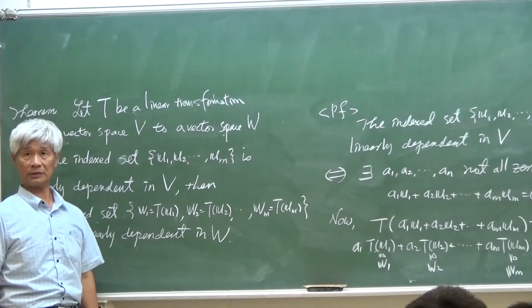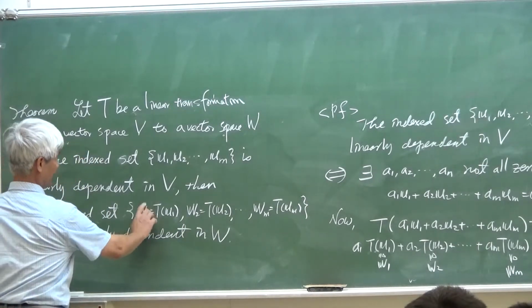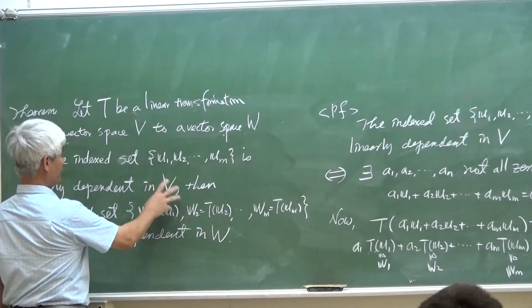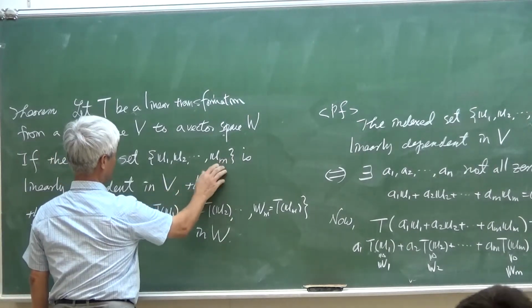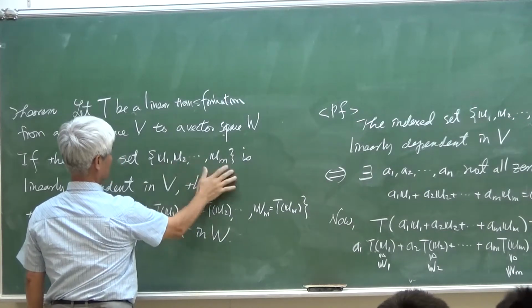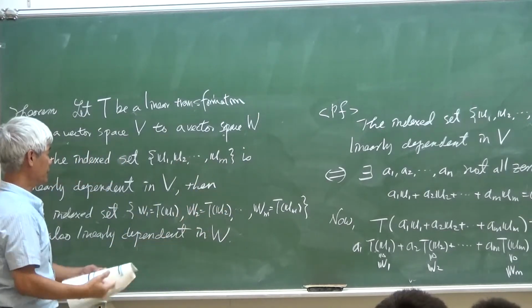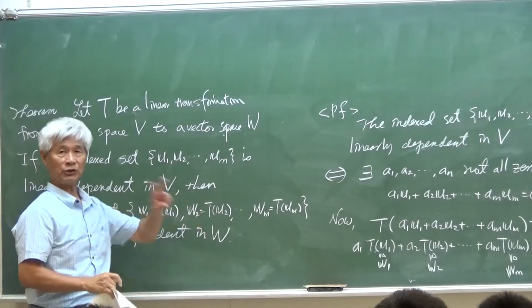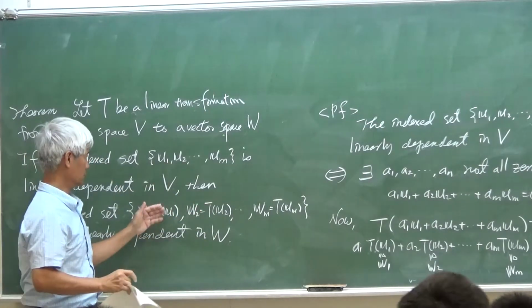That takes the difference. So it's possible that even though, for example, we have 100 U's here, all right? But after the image, you may have only 2 or 3 different images here.